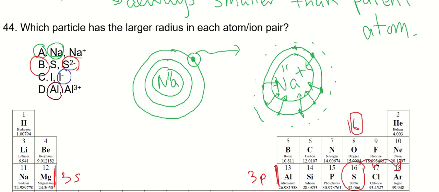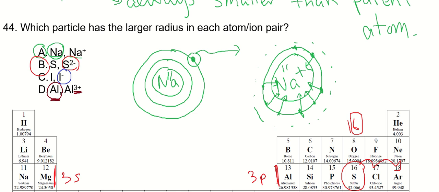When you lose electrons to become positive, because electrons are negative charges, you end up with more protons, which are positive. So the parent atom is always larger than the cation, the positive ion, and the anion is always larger than its parent because it has gained electrons.